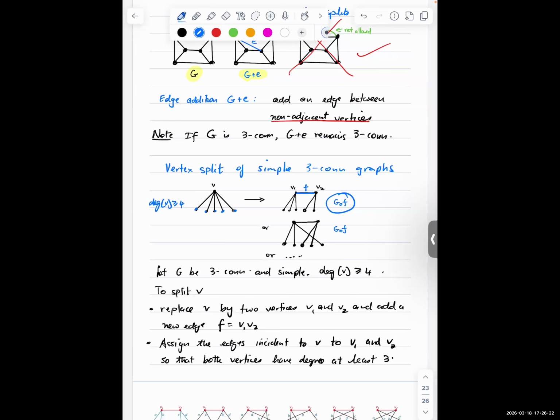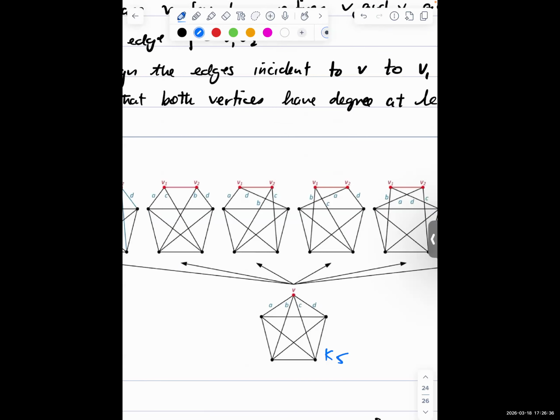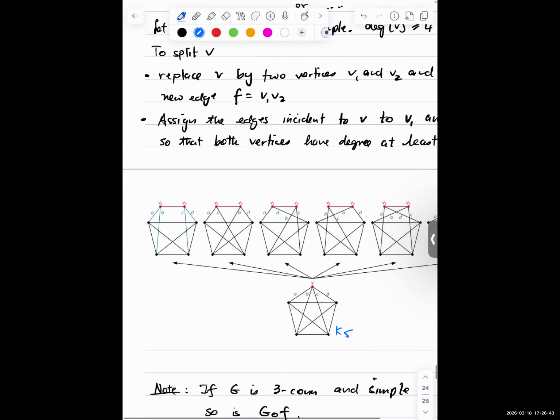For example, this is K5, and we split this vertex V, and there are many different ways you can assign A, B, C, and D to the split vertices V1 and V2.